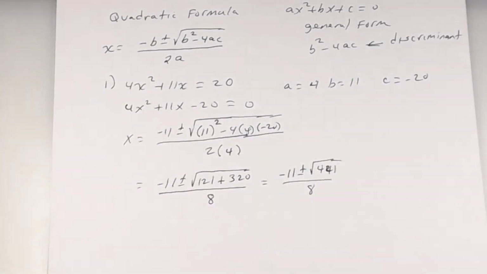Okay, now, take your calculator out. Let me see if I can find mine. And so we're going to take the square root of 441. Okay, so square root of 441.